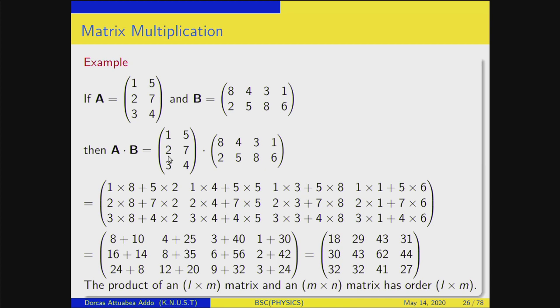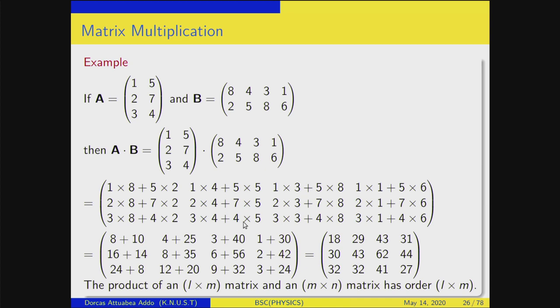That is the second entry, 3, 2. Then the third entry, which is 3, 3, is going to be what? 3 times 3 plus 4 times 8.